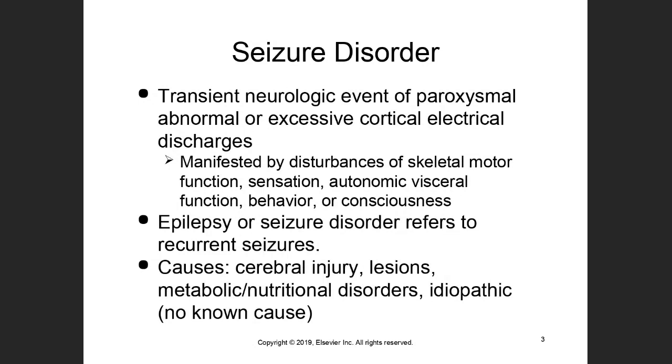Epilepsy or seizure disorder refers to recurrent seizures. Seizure is just one event. Epilepsy means that you have several events of seizures. Causes: cerebral injury, lesions, metabolic or nutritional disorder, idiopathic.